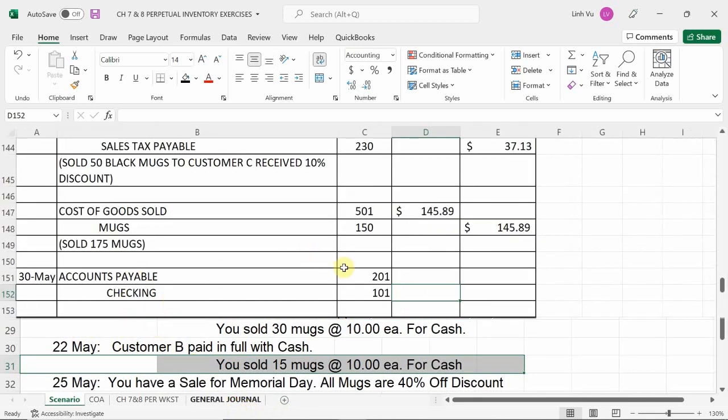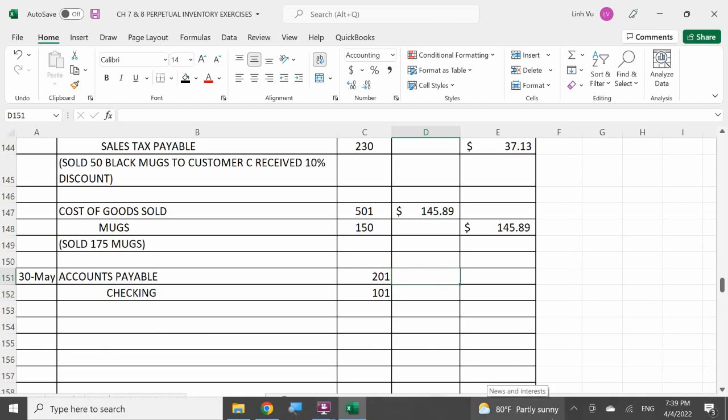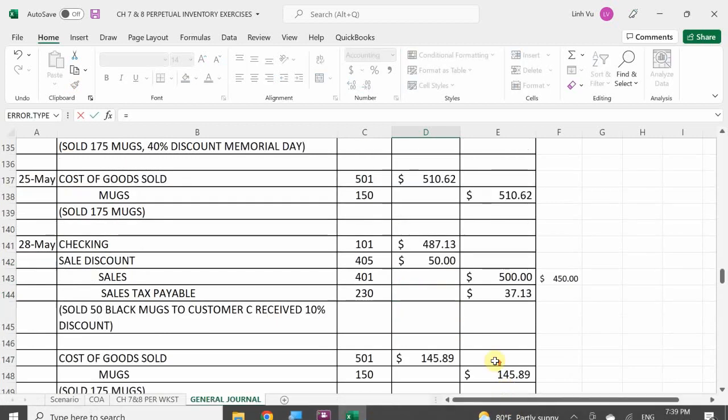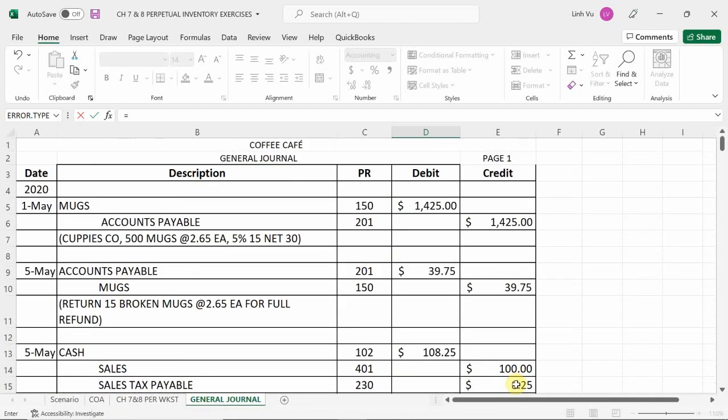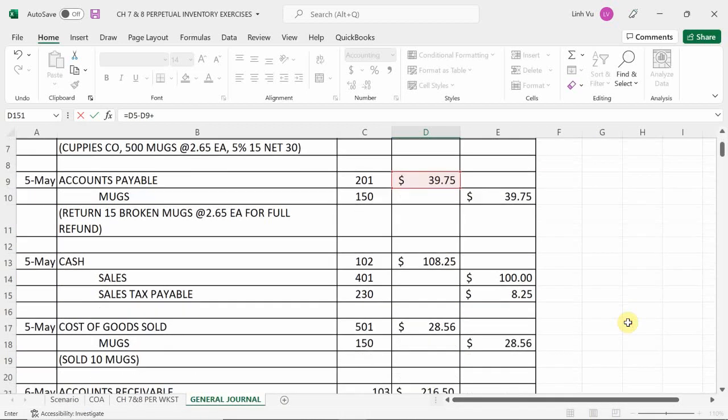So let's go ahead and calculate how much that is. Starting with my very first purchase that I made on the 1st, I owed $14.25. But I end up returning 15 of them, which reduced my accounts receivable by $39.75.